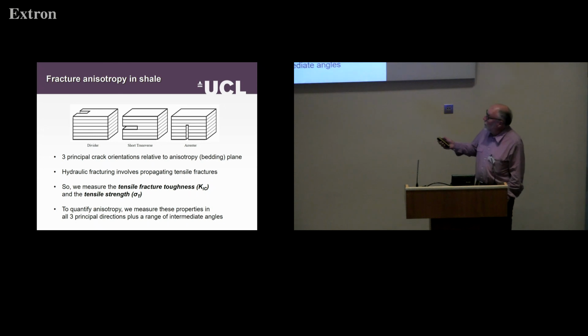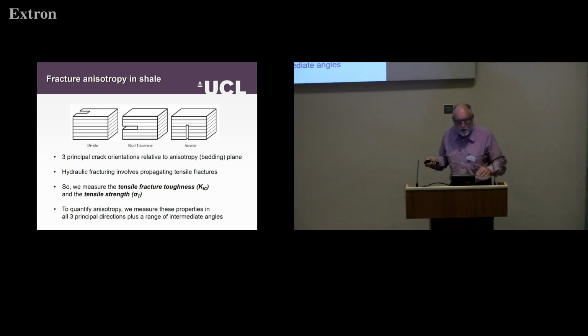If we look at these in turn, the short transverse is where you've got a fracture that's growing in the bedding plane. So the fracture is parallel to bedding, and the propagation direction is parallel to bedding. So that's the equivalent of a horizontal fracture in the crust for a horizontally bedded material.